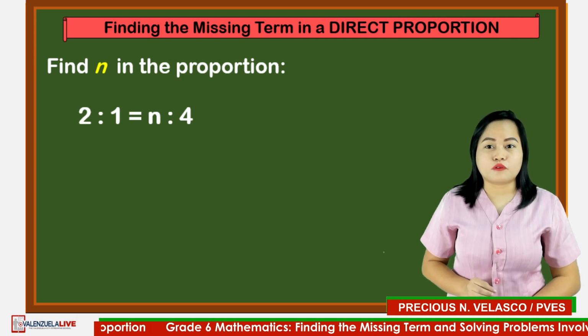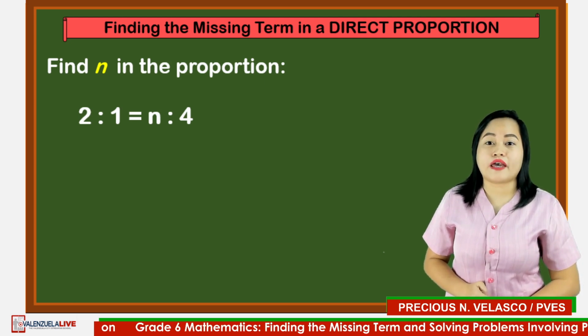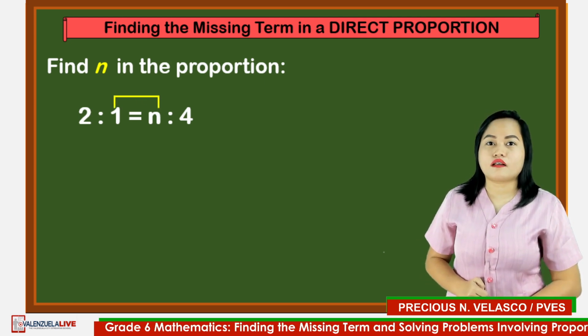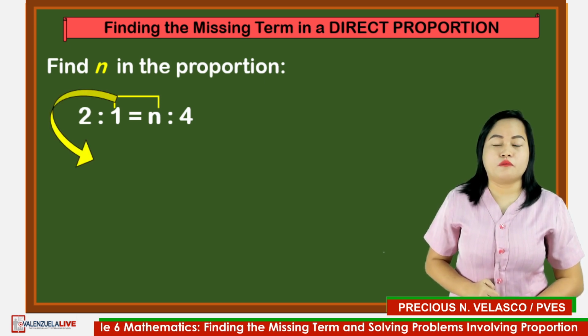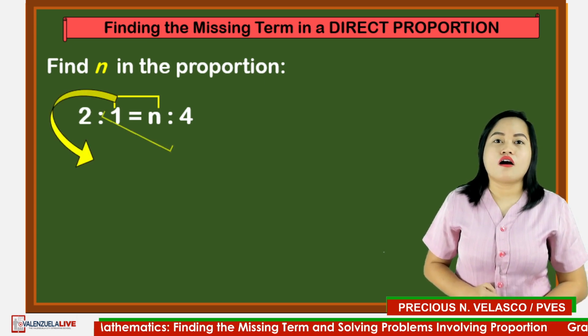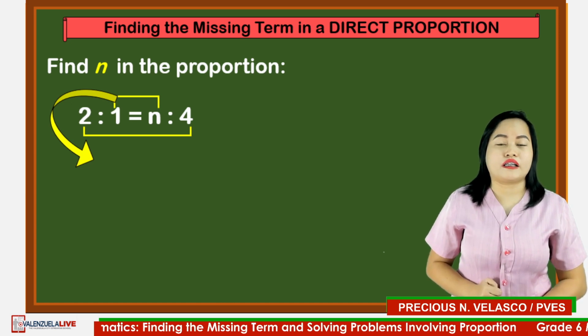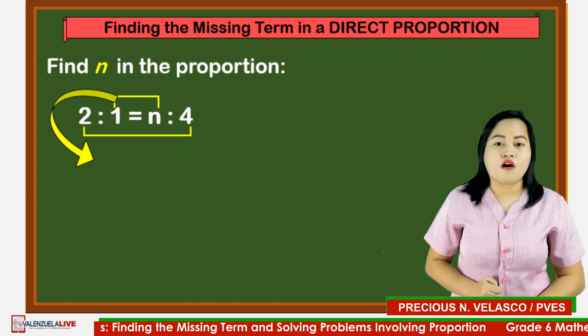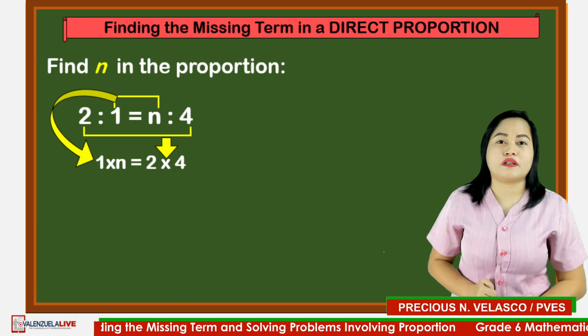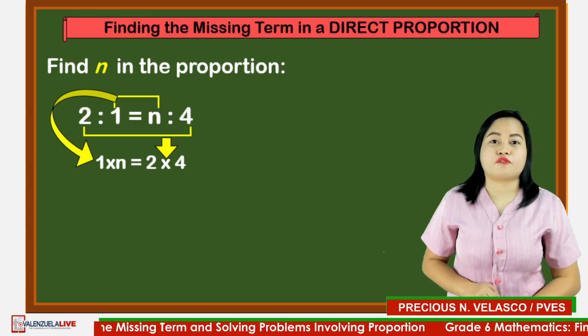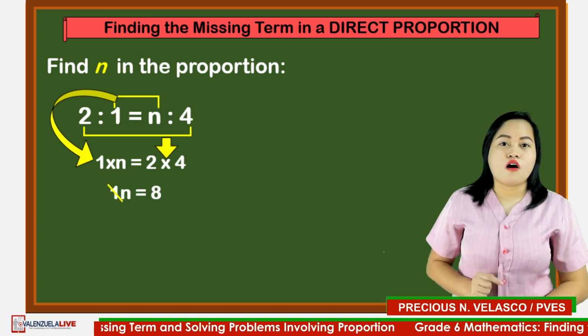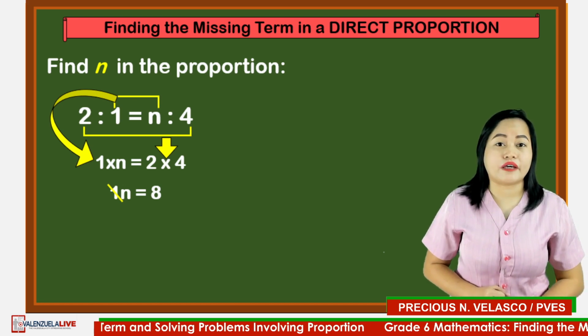So we have 2:1 is equivalent to N:4. We are going to multiply first the means in this proportion, followed by the extremes. So we have 1 times N is equivalent to 2 times 4. So we have 1N is equivalent to 8.